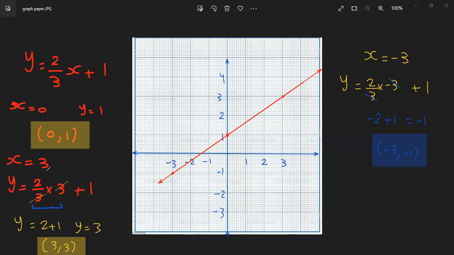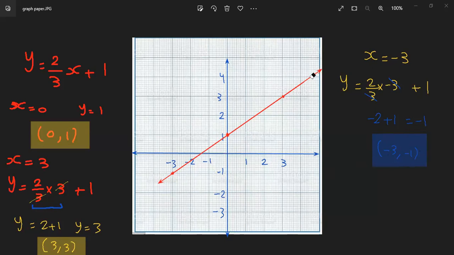When x equals 3, y equals 2 over 3 times 3 plus 1, so y equals 3. It's 3 and 3. When x equals negative 3, y is negative 1. Plot the points and you will get a straight line.